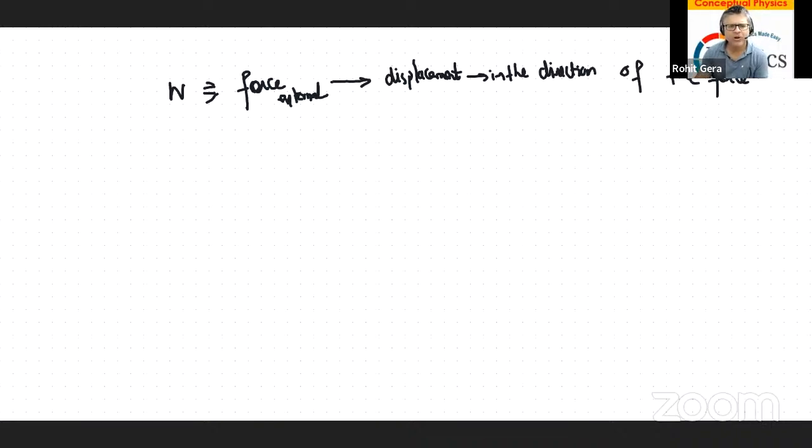So if you have a block of mass, say 2 kilograms, lying on the ground, you apply a force of 10 newtons. Okay, and the body gets displaced, and it's a constant force. The 2 kilogram mass displaces by say 100 meters.